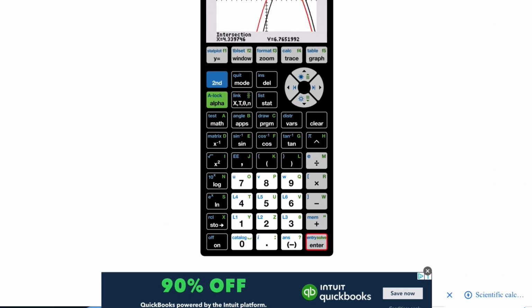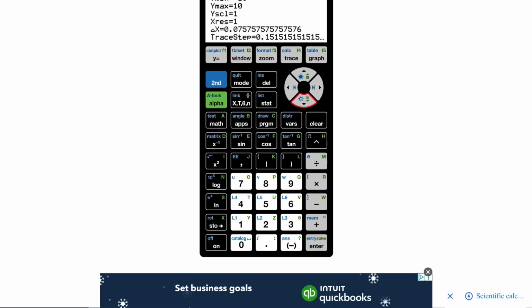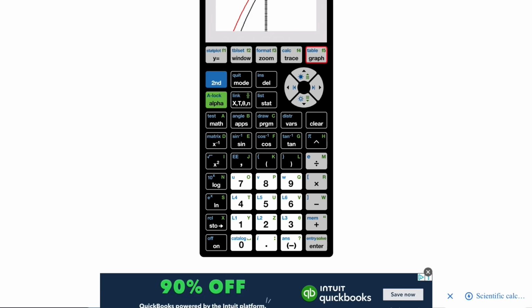Okay, let's change our window setting then. Let's change my y min to negative 50, and x as negative 50 as well. It needs to be like y 200 or negative 200.